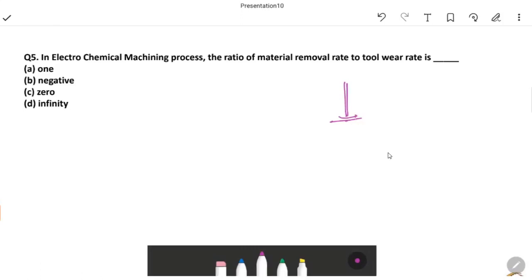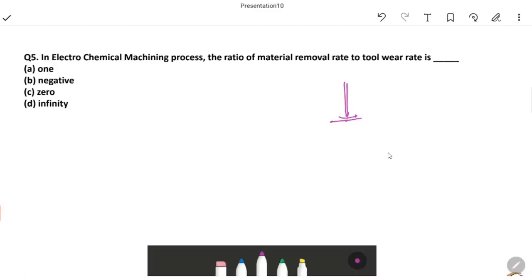Generally, we are filtering the electrolyte and then circulating it. Still, if some foreign particles are here and the gap is very less, then some amount of electrode deposition may occur at this surface.